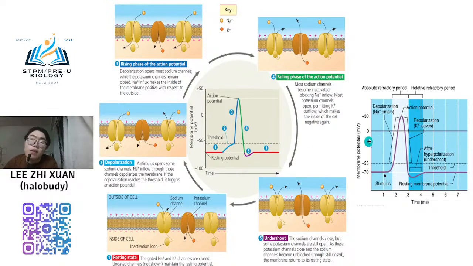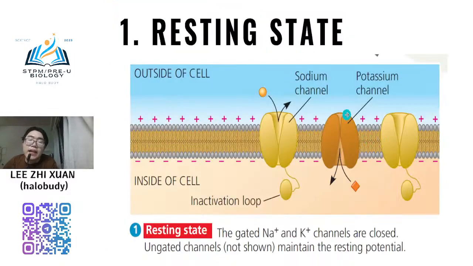So we will look at it one by one. For the resting state, I think I don't need to explain much. You still remember we have 4 types of channel, right? One type is the sodium potassium pump. The second type is the ion channel, the sodium ion channel and also the potassium ion channel, but these 2 channels are totally open.